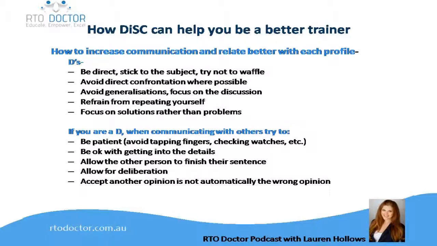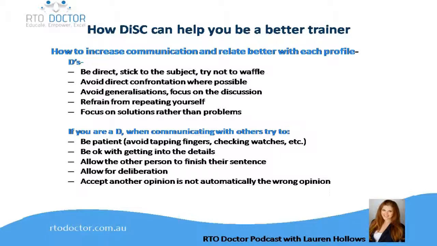If you are a D and you're communicating with other profiles, what you want to watch within yourself is being really patient with others. So avoid the tapping of the fingers and the checking of the watches. Try and be a little bit more okay with getting into details about conversations, about things that people have done or need to do. Allow the other person to finish their sentence.